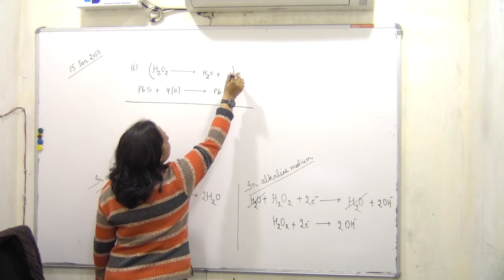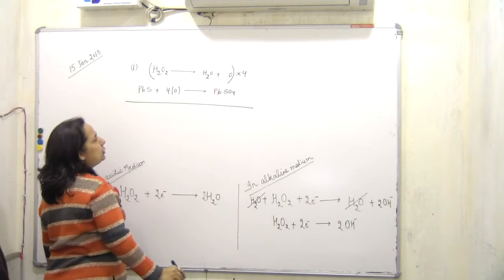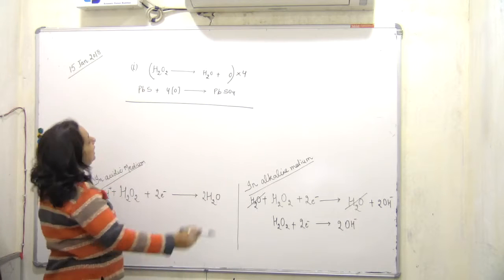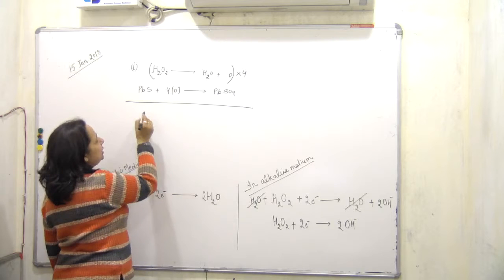Now hydrogen peroxide is multiplied by 4 so that we get 4 nascent oxygens, and those 4 nascent oxygens are used here.